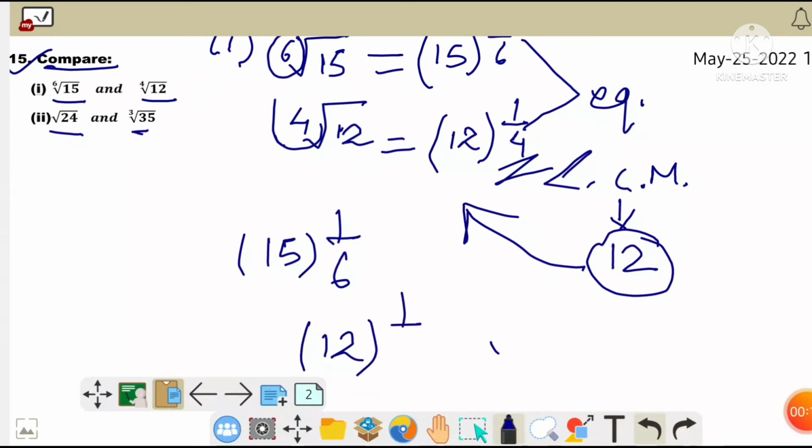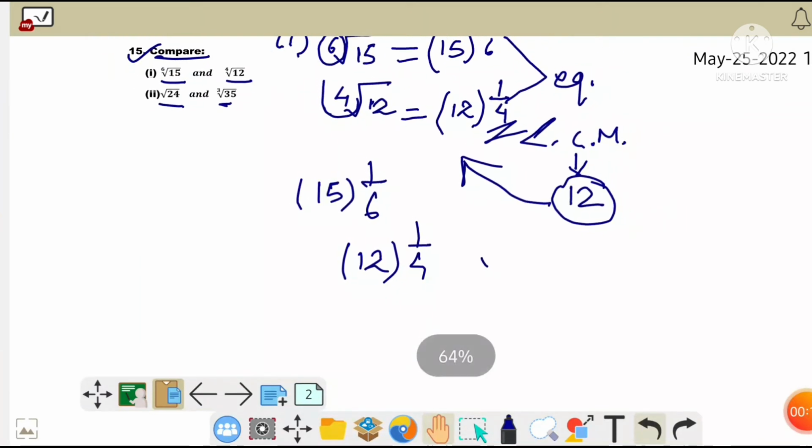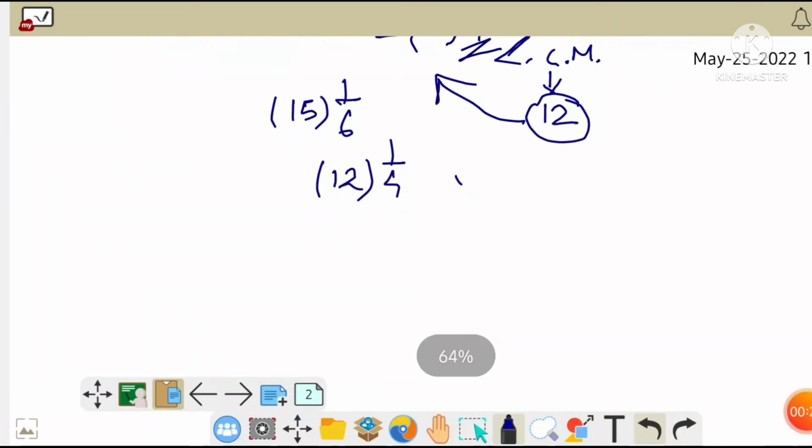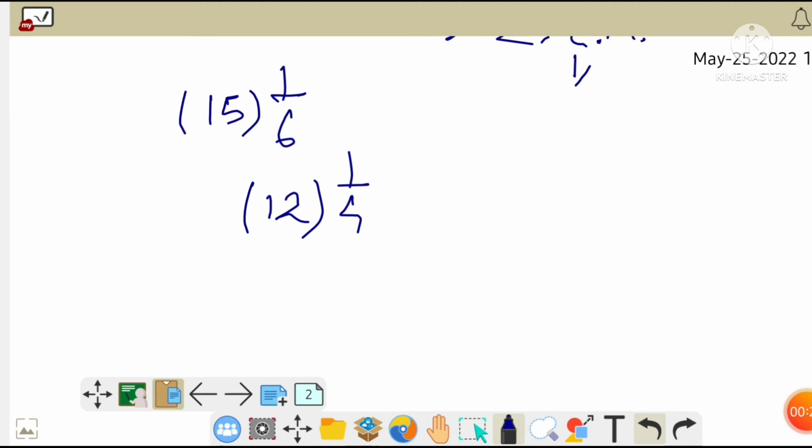Here we got, in the first case, 15 to the power 1 by 6. The denominator is 6. We have to make it 12. So for making 12, we have to multiply 6 by 2. 6 into 2 makes it 12, and by the same number we'll multiply the numerator.